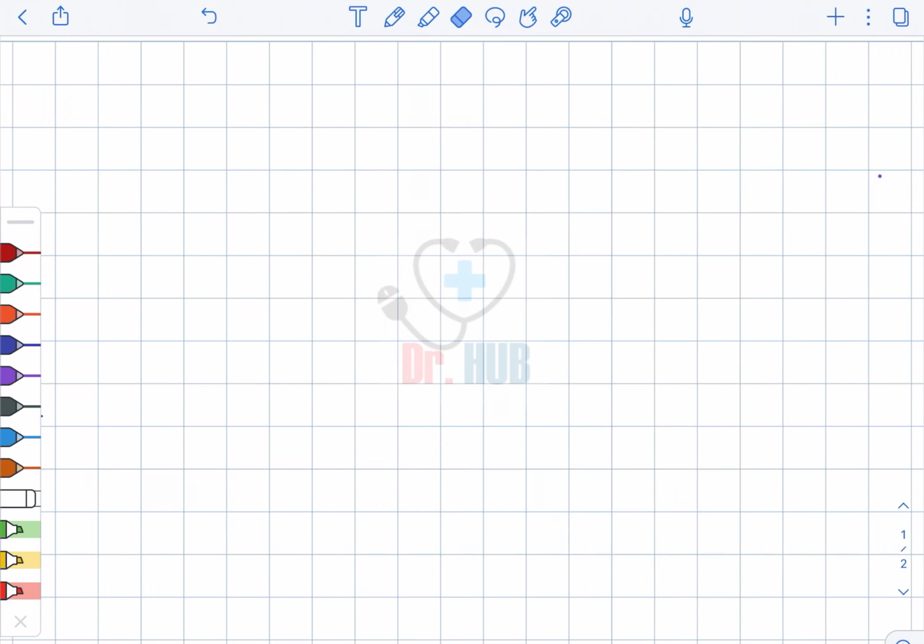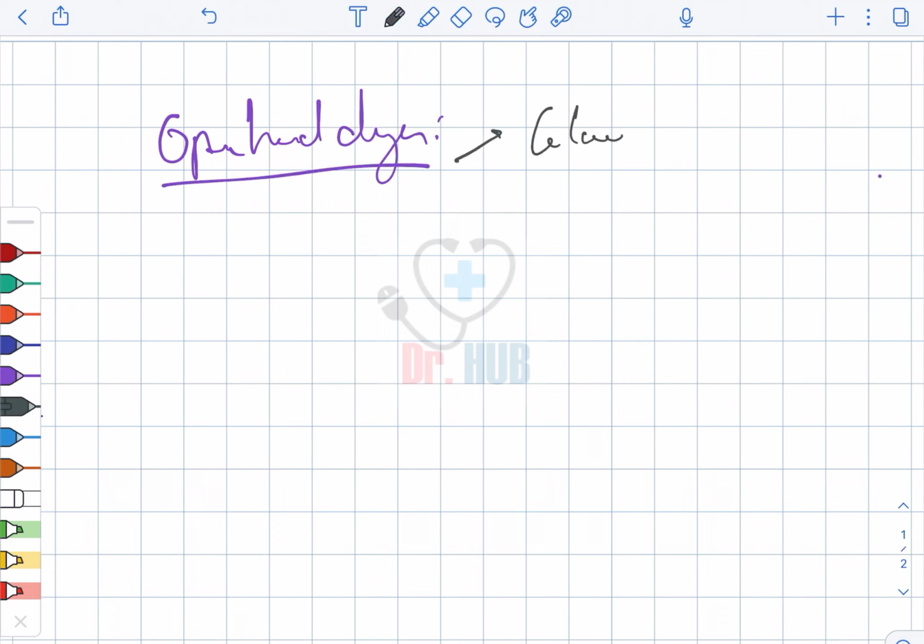Next, moving ahead, there are also the optic head changes. The optic head changes are suggestive of glaucomatous damage, and can include one or more of the following.